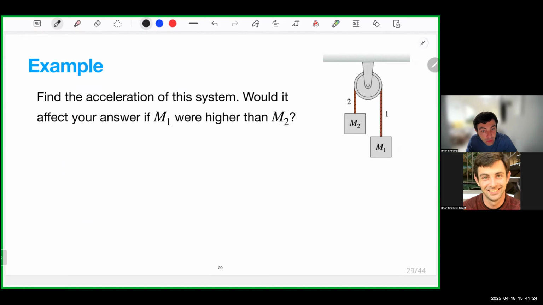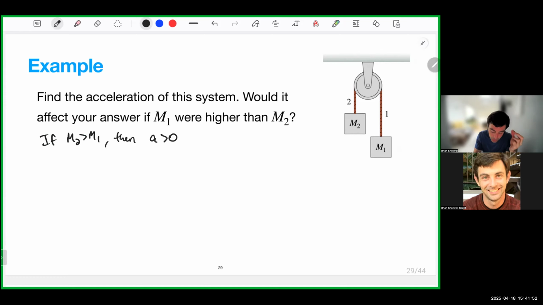So let's just take, it doesn't really matter which we assume here. Let's assume M2 is bigger than M1. Well, we don't really need to assume this. So really what we're going to say is if M2 is bigger than M1, then the acceleration is positive.